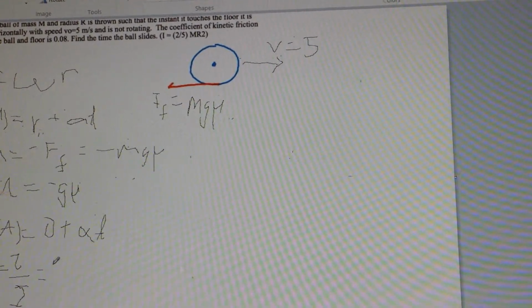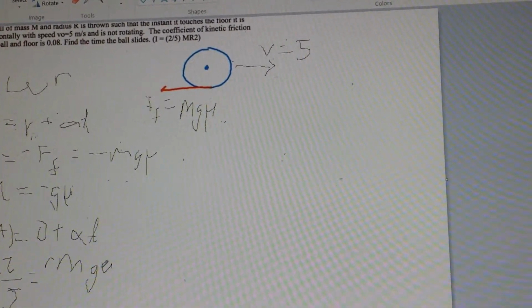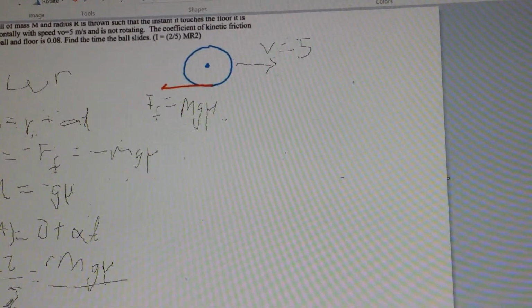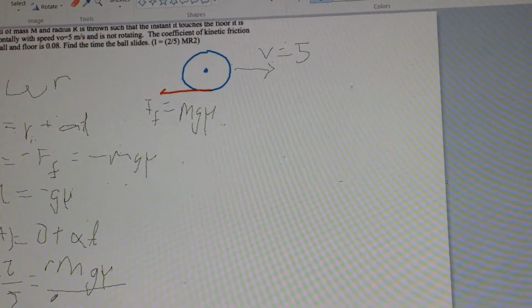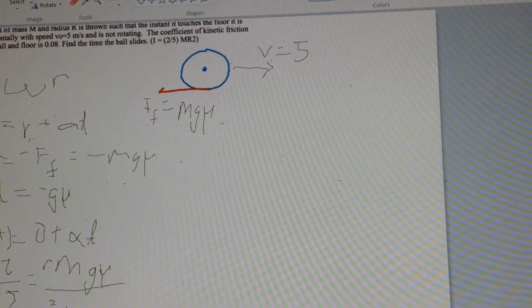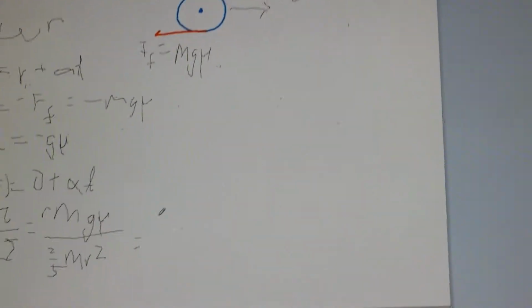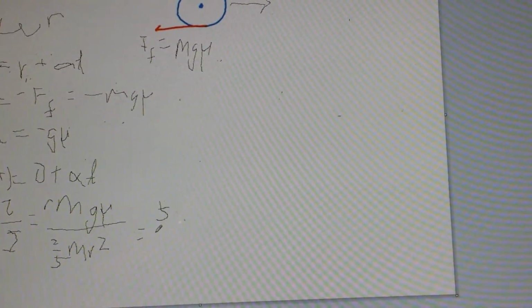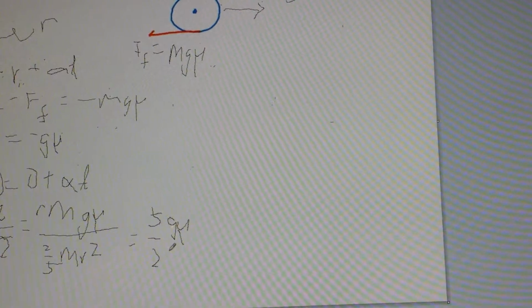And that is going to be R mg mu, all over the given I, which is 2/5 mr squared. After factoring it out, that becomes 5/2 g mu over r.